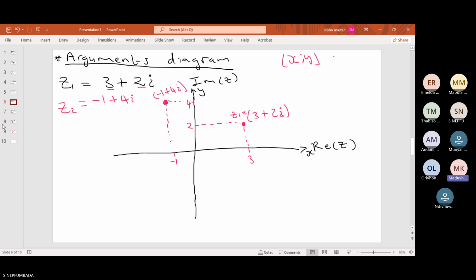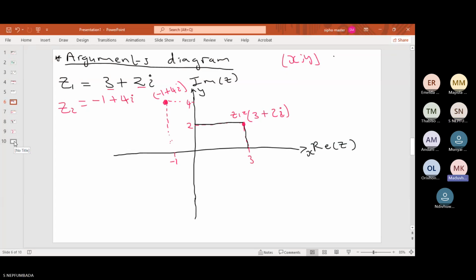So this is a plot, and the line, where are they meeting at the common point? Okay. Are you satisfied?